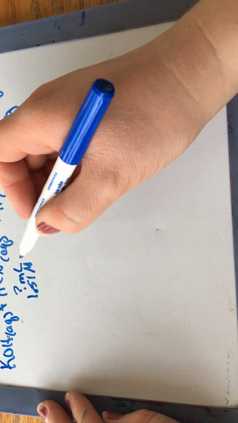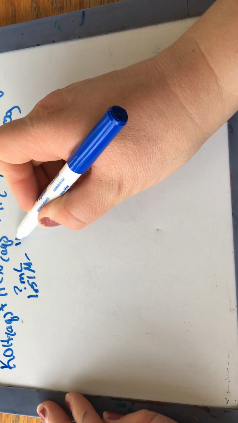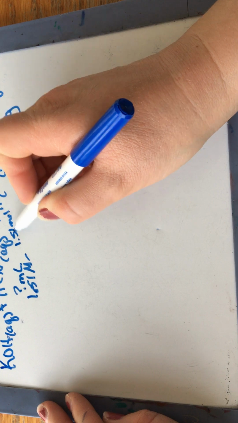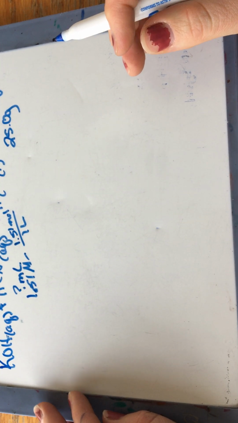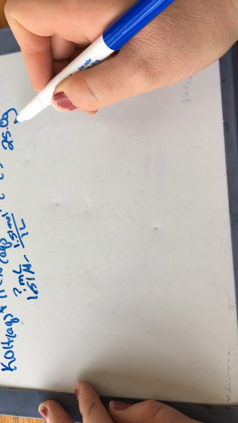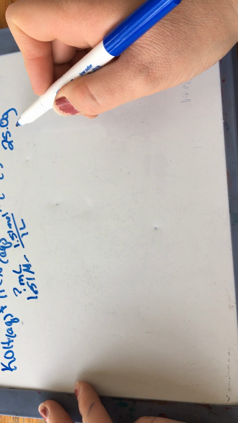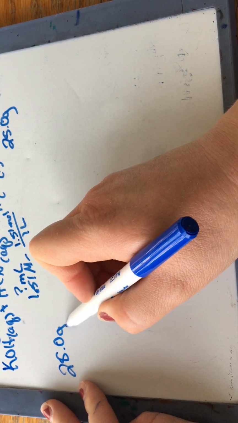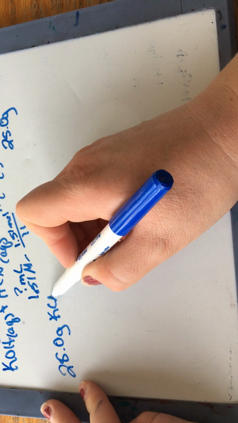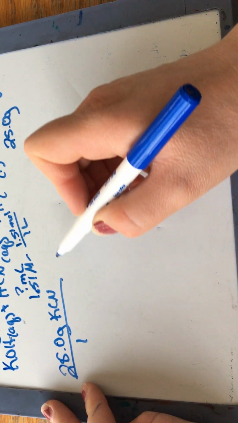Okay, so we know that this is 1.51 mole over 1 liter. So why don't we start over here and go that way. 25.0 grams potassium cyanide. So much easier to write, so I'm going to.